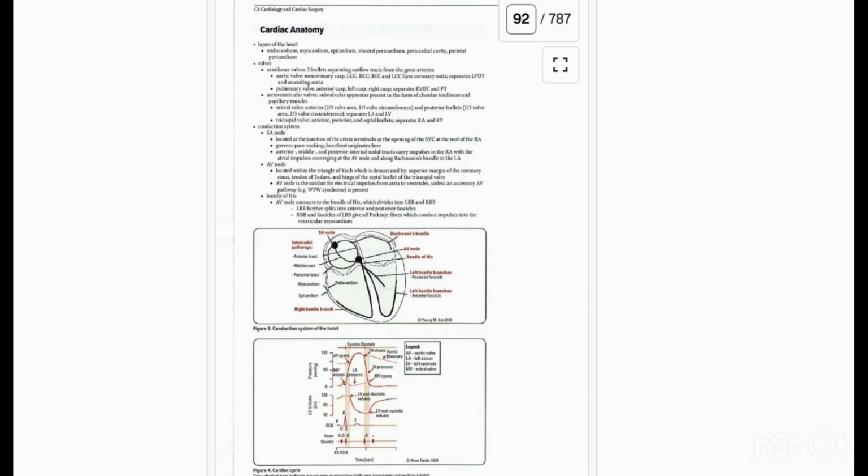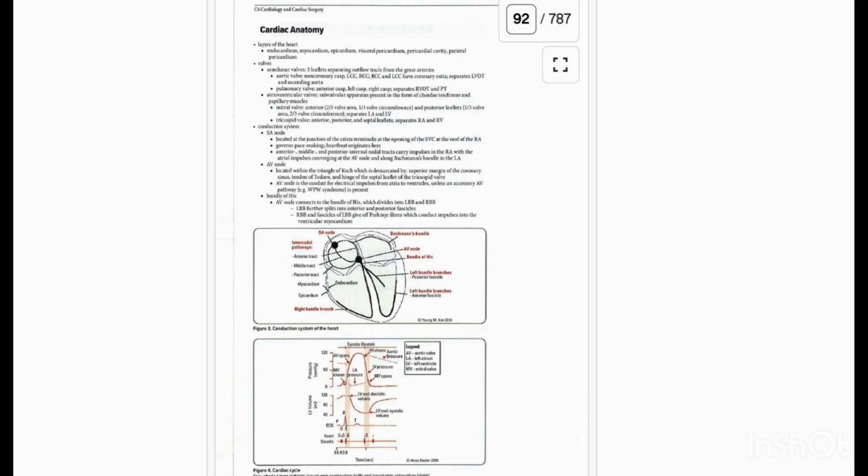This bundle quickly divides into the left bundle branch and the right bundle branch. The left bundle branch further splits into distinct anterior and posterior fascicles. Finally, the right bundle branch and the fascicles of the left bundle branch give off the rapid-firing Purkinje fibers, which efficiently conduct the electrical impulses directly into the ventricular myocardium to trigger coordinated contraction.